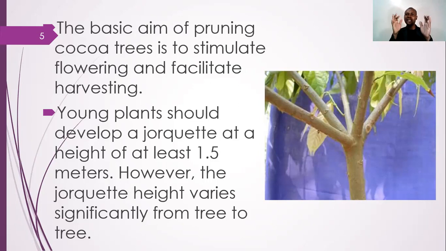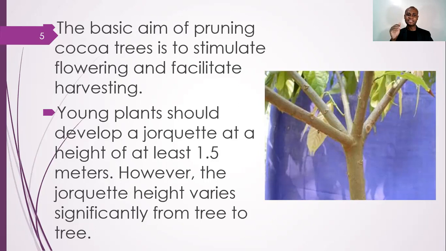This ensures proper ventilation on the farm, and number 2, it reduces the incidence of pod rot on the farm. It also makes movement on the farm easier. So if branching is being formed below 1.5 meters, you have to cut them off.